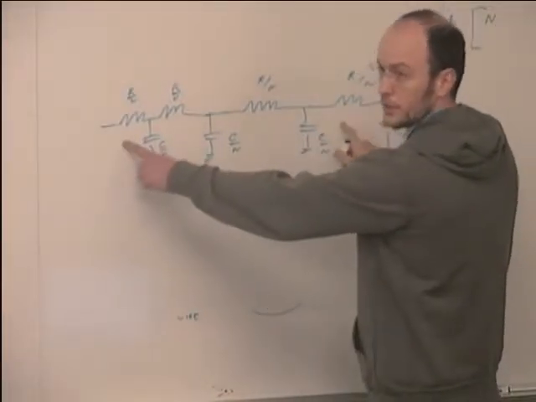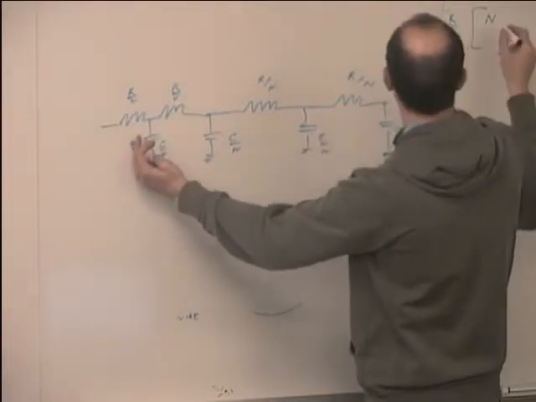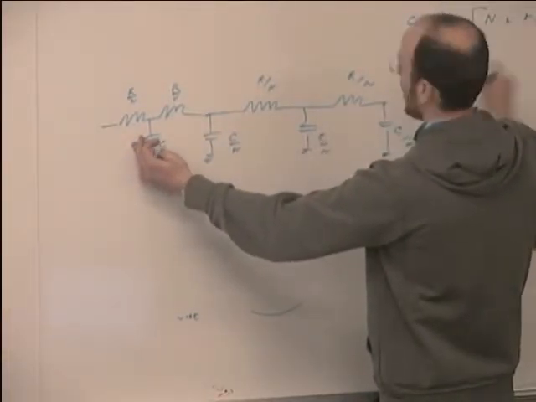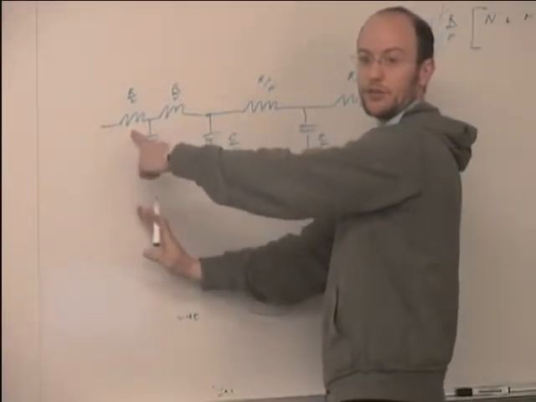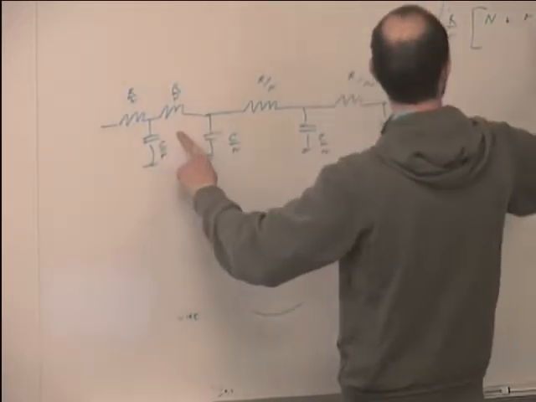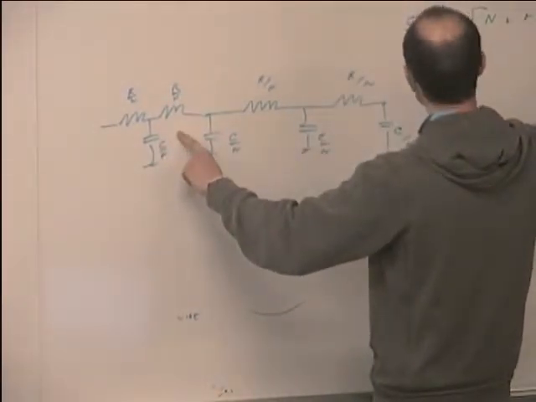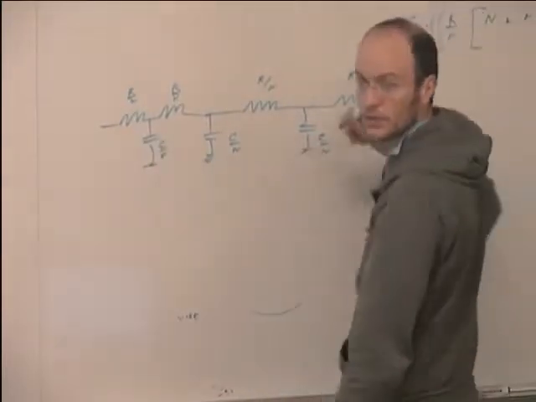Then this guy here sees n minus 1, because to the left we only have n minus 1 units now. Then this guy here will see n minus 2, and this guy here will see 1.